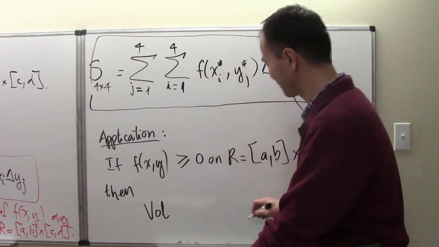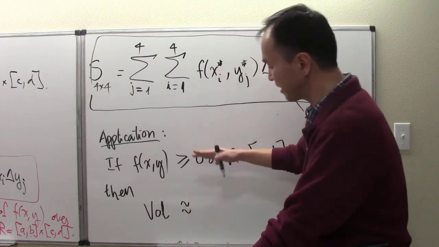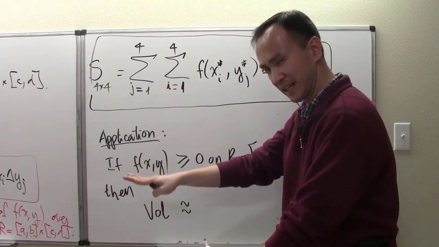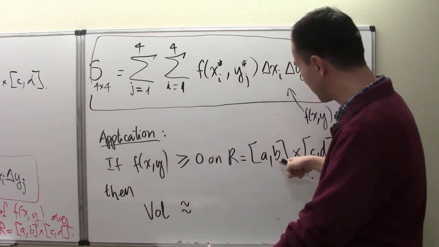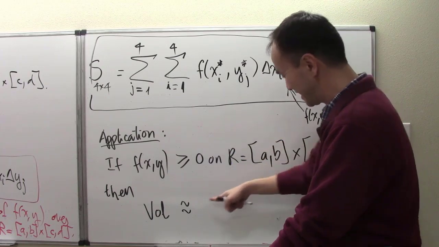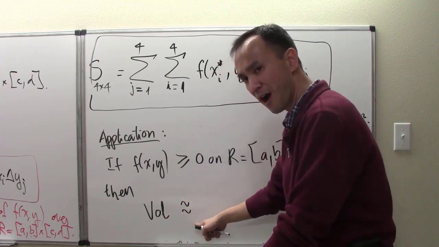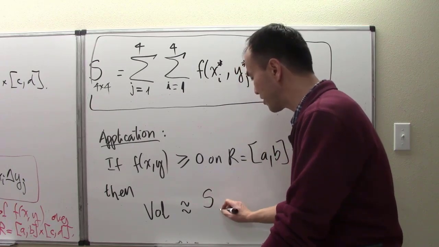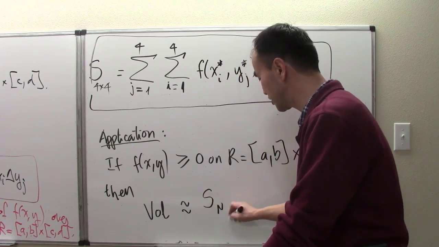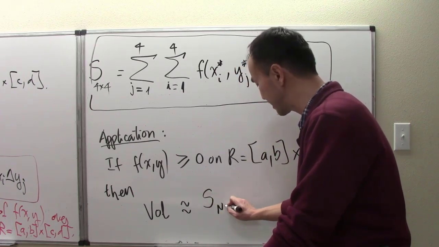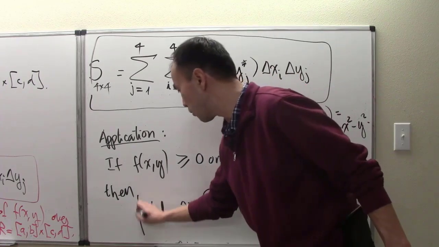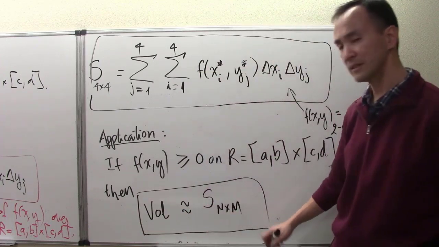I mean the volume created by the surface of the graph and the x and y floor, restricted to this rectangular region. That volume can be approximated by the double Riemann sum, by breaking into n subintervals on the x-axis and m subintervals on the y-axis. That's one of the applications, the volume.